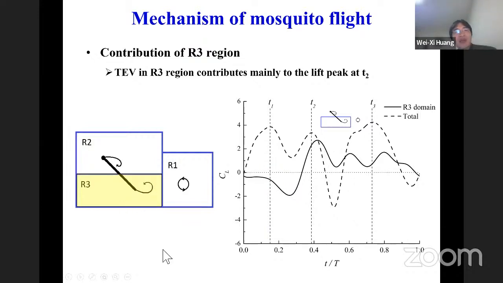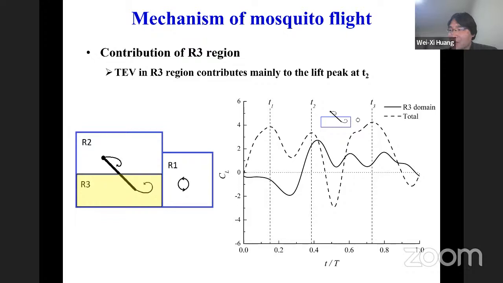In this way we can see more clearly the contribution of the different vortices to the lift generation. This is a typical example of the flying mechanism.